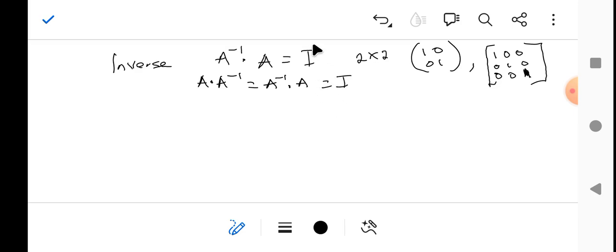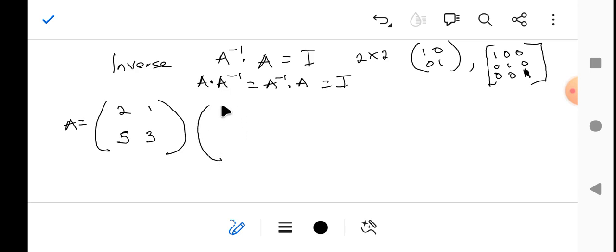This is certain. So for example, if this is my matrix A, equal to 2 1 5 3, right? If I multiply it with a matrix, I don't know the matrix, so let's name it.